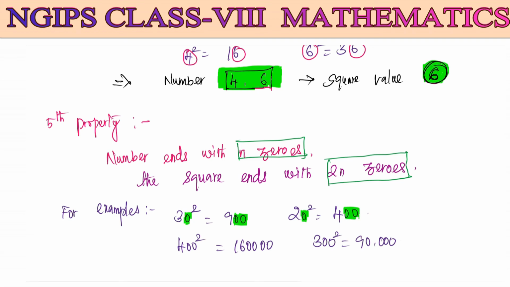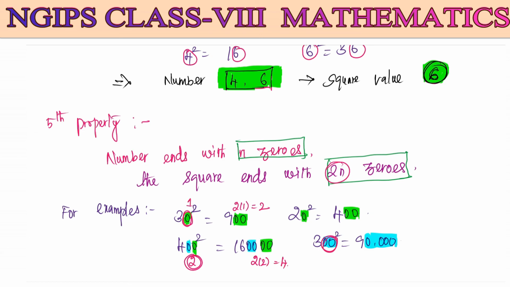For 1 zero we have 2 zeros. When you have 1 zero, we get 2 into 1, that is 2 zeros. And when you have 2 zeros, the formula is 2n, so 2 into 2 is 4 zeros.